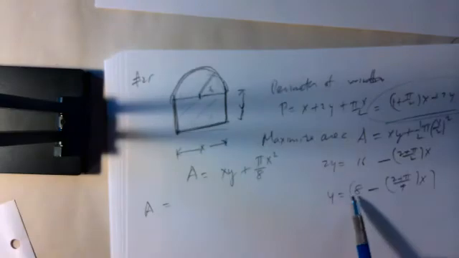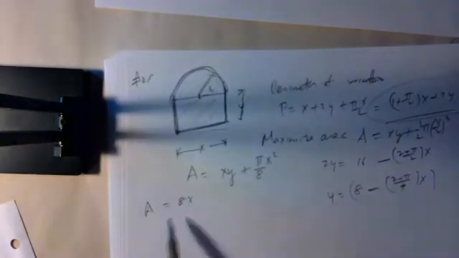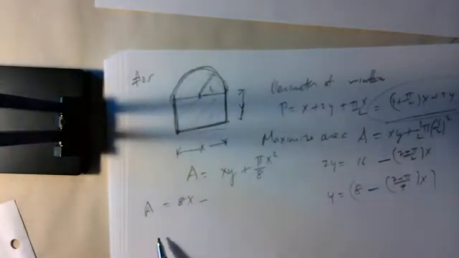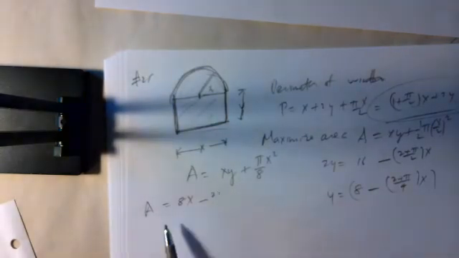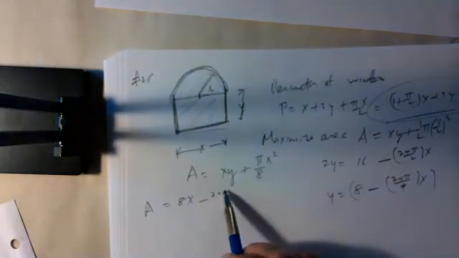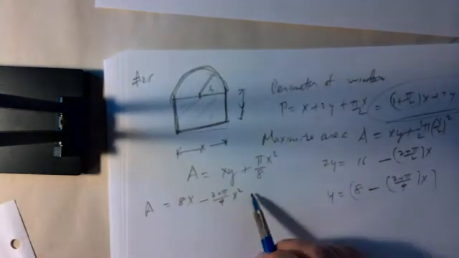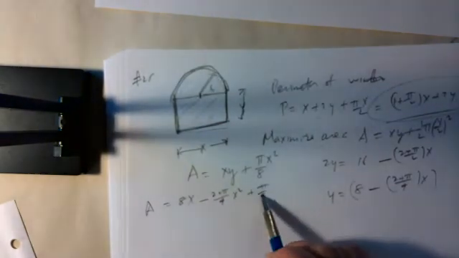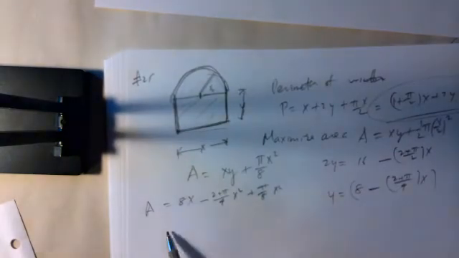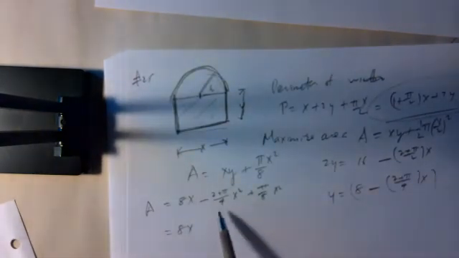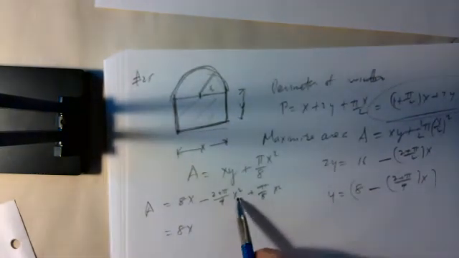If you multiply y by x, you get 8x minus (2 plus pi over 4)x squared plus pi over 8 x squared. So this is 8x. And here what I have is x squared.